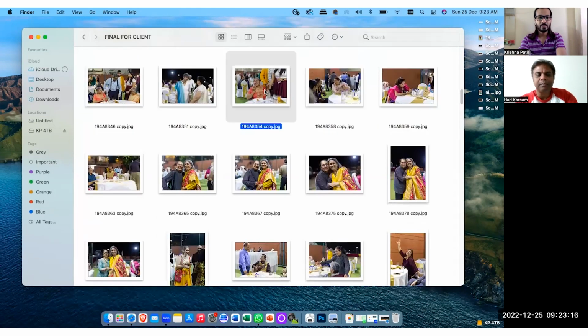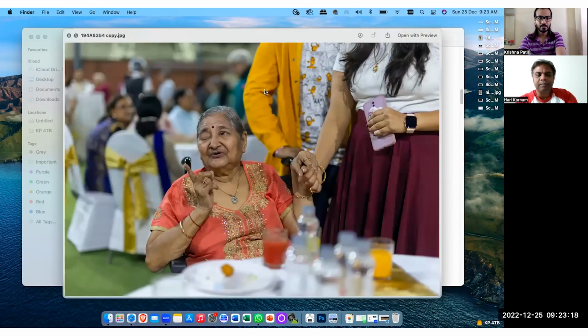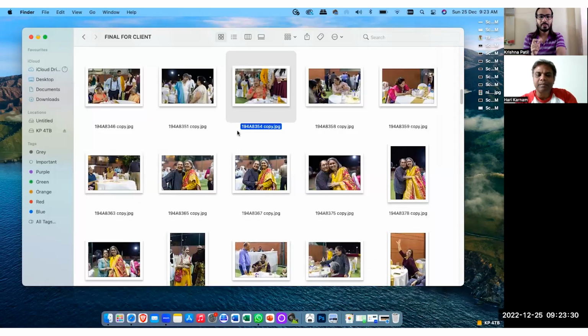Then second thing, here the emotions are getting captured. He's talking to someone, but we have tried to capture that, because when it comes to portrait photography and people photography, especially if you are shooting candid images, it is very required to capture the emotion.